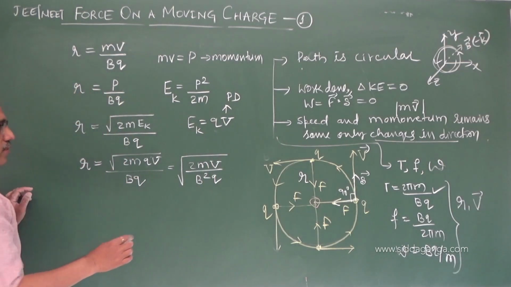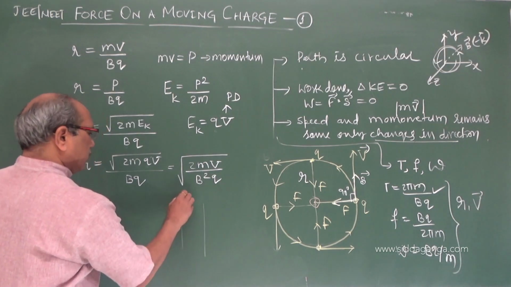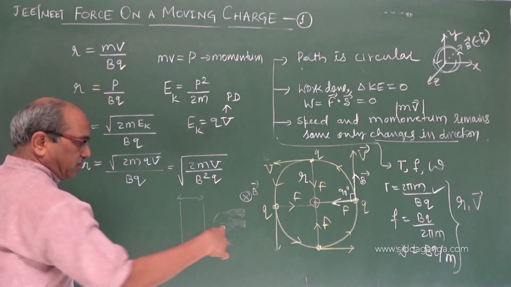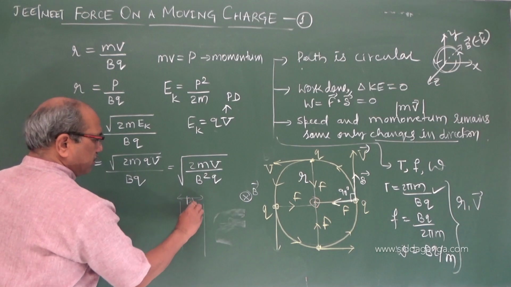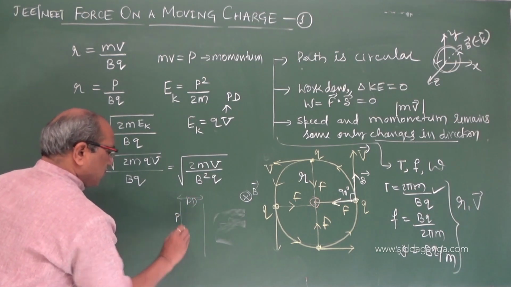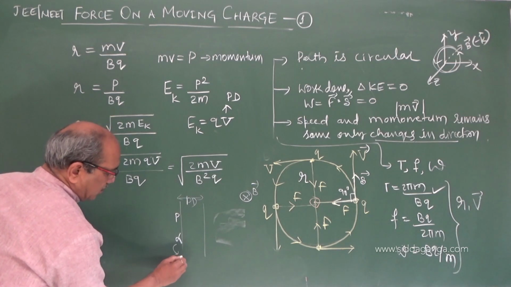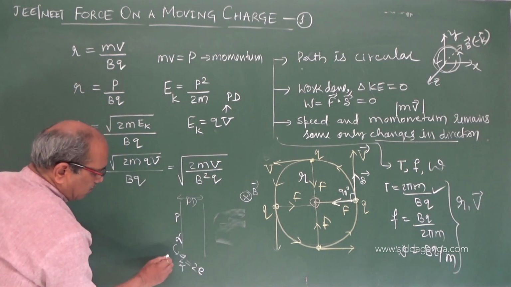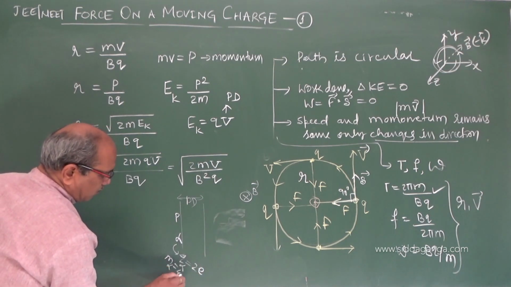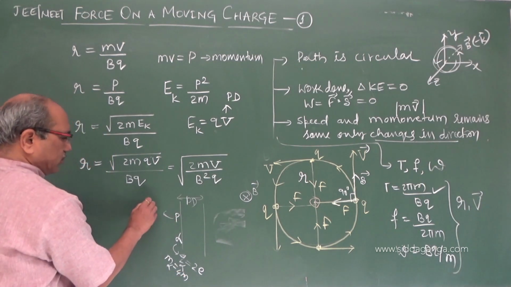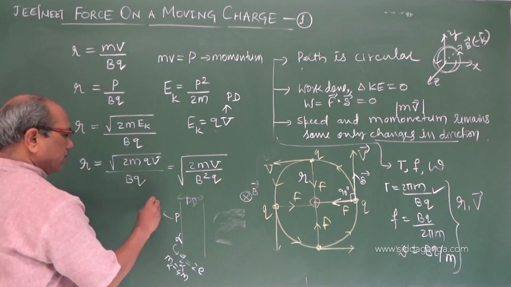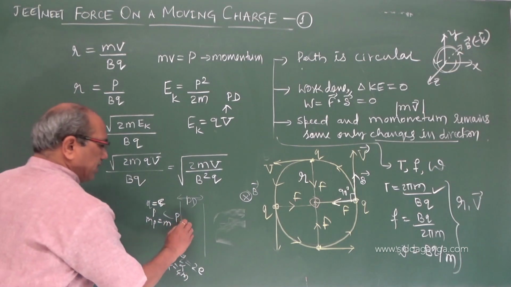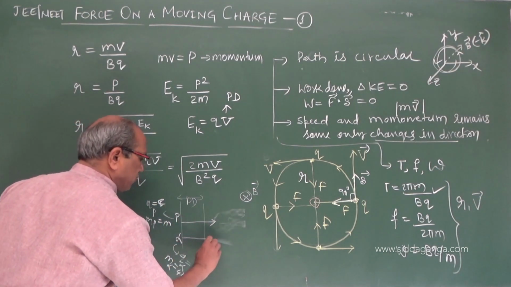Suppose this is the potential difference through which I make the charge enter the magnetic field, which is perpendicular, into the board. If I take a proton or an alpha particle: the charge of the alpha particle is 2e and its mass is 4m. The proton has charge e and mass m. I accelerate both through the same potential difference.